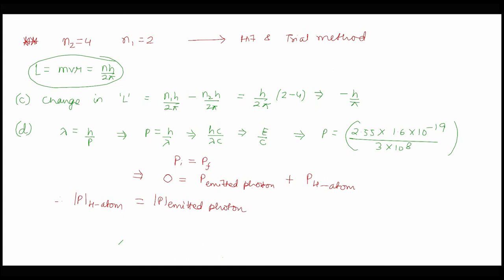So if I use this expression, I can write the momentum for the hydrogen atom as mass into velocity, and we can equate it with the value of momentum which we obtained, that is 2.55 into 1.6 into 10 to the power minus 19 upon 3 into 10 to the power 8.